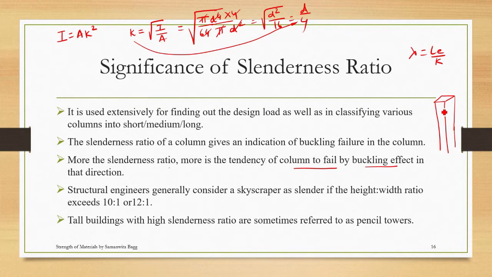So this kind of structure can then start swaying like this. This is a side effect of long buildings. So when we design a long building, we have to check the slenderness ratio, and accordingly design the load such that the buckling failure doesn't happen. Also, the building doesn't get affected by the wind effect surrounding it.